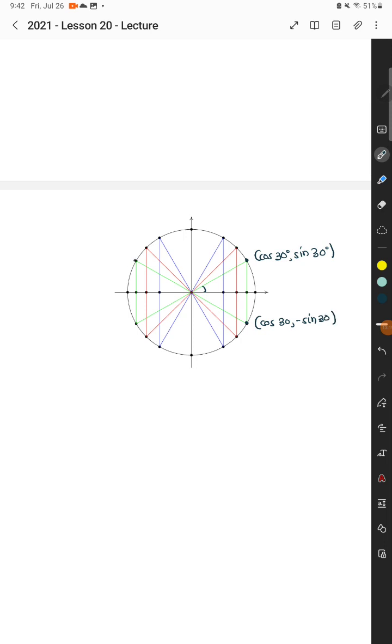Here we have minus cosine 30, sine 30. Here we have minus cosine 30, minus sine 30.